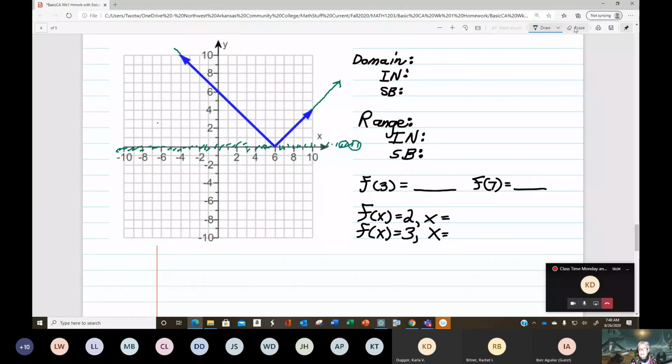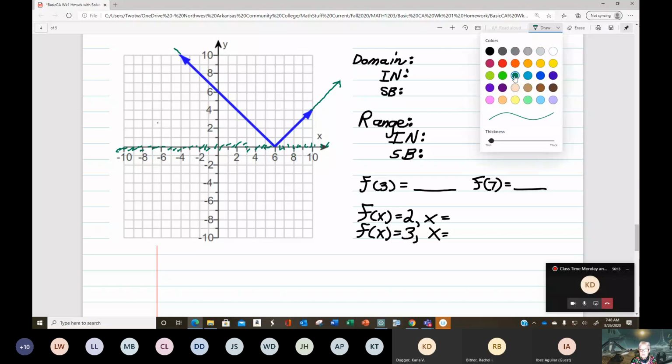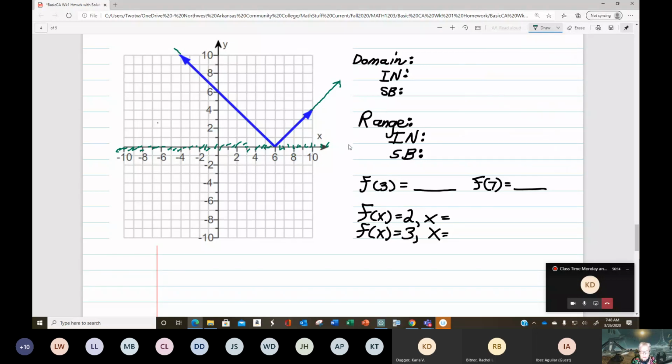Here, let me erase. Okay. We have positive infinity out here, which means goes to the right forever, and negative infinity out here, which means goes to the left forever.